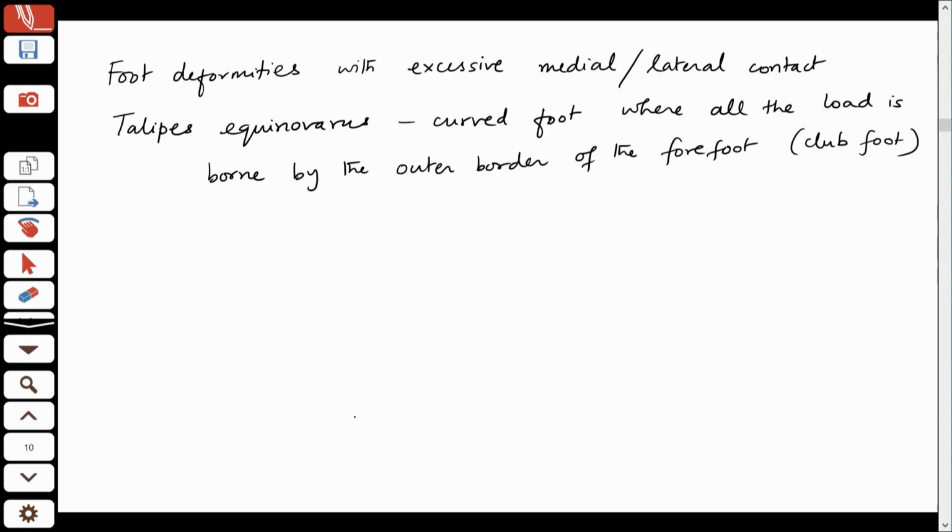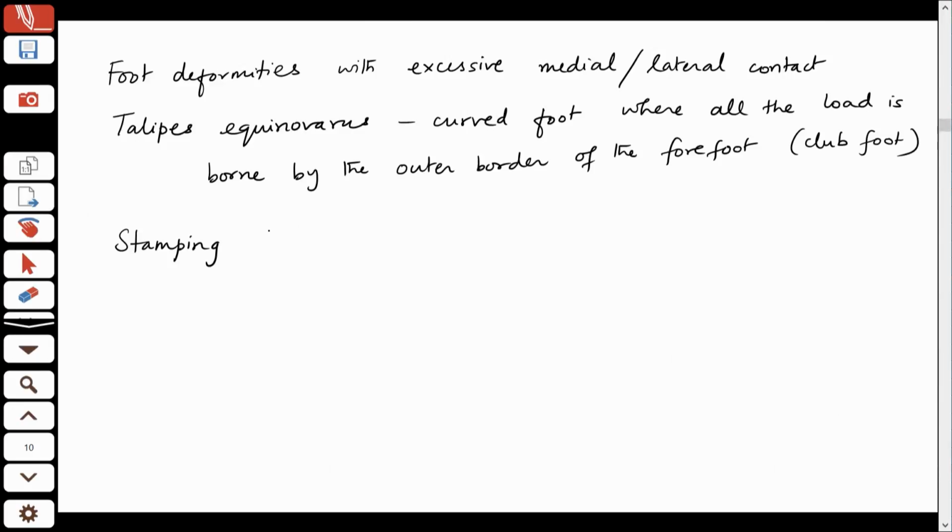In some cases, if the person lacks sensation in the foot, and this can happen in the case of, say, diabetics, they may lose sensation in their foot, then one way of adapting to it is by walking with a stamping kind of gait, because you want that audible feedback that you have made contact with the ground.